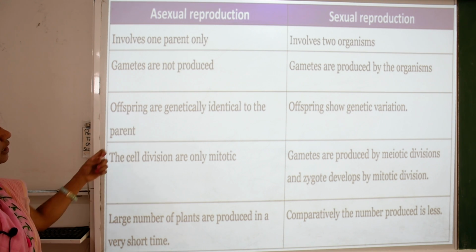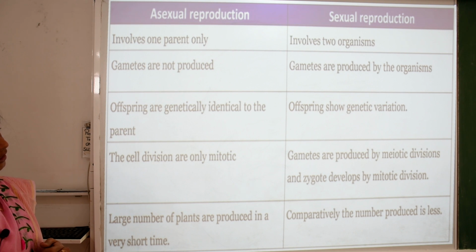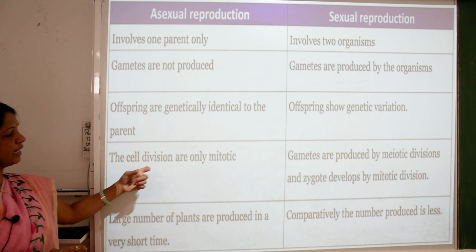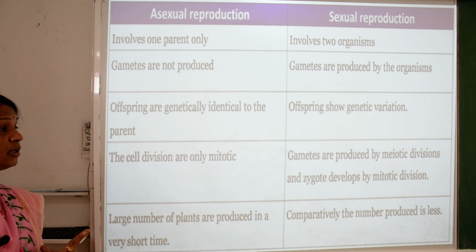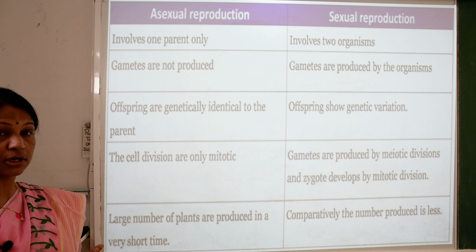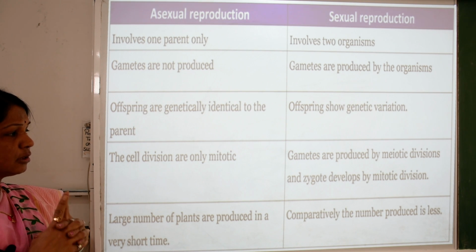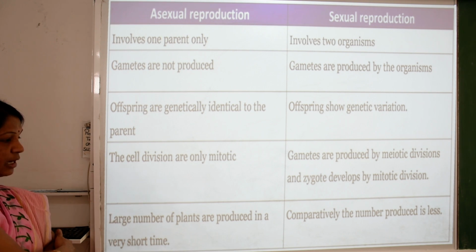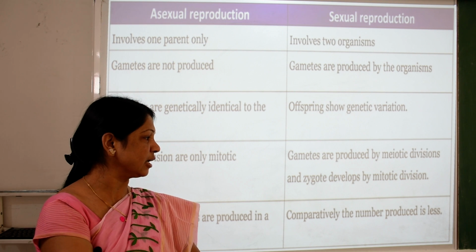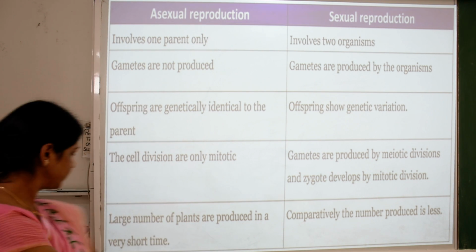In asexual, offspring are genetically identical to the parent; in sexual, offspring show genetic variation. Asexual cell division is only mitotic; in sexual, gametes are produced by meiosis. A large number of offspring are produced in a very short time in asexual, comparatively the number produced is less in sexual.